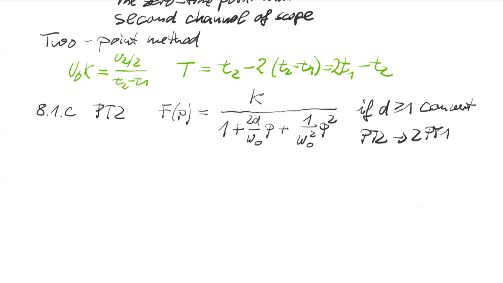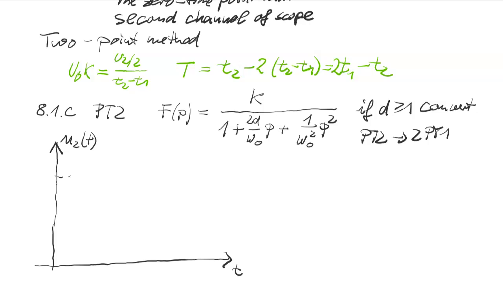Let's draw the typical step response. Again, U2 over T. There is a final value, and again in the final value the K factor is hidden.